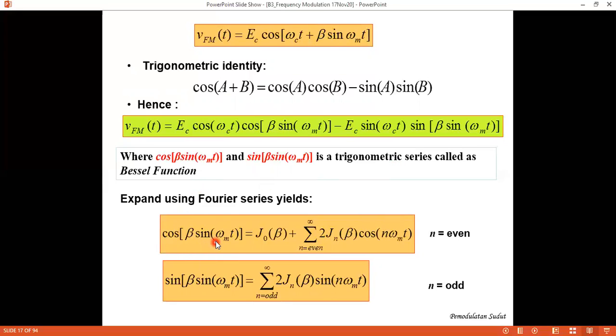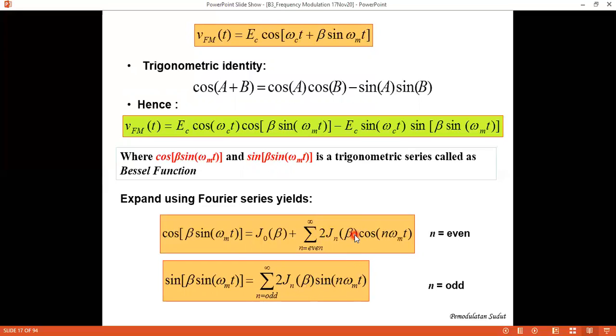For the Bessel function, expanded using Fourier series, cos(beta sin omega_m t) is equal to J0(beta) plus the sum over even n up to infinity of 2 Jn(beta) cos n omega_m t. For sin(beta sin omega_m t), it is the summation over odd n up to infinity of 2 Jn(beta) sin n omega_m t.